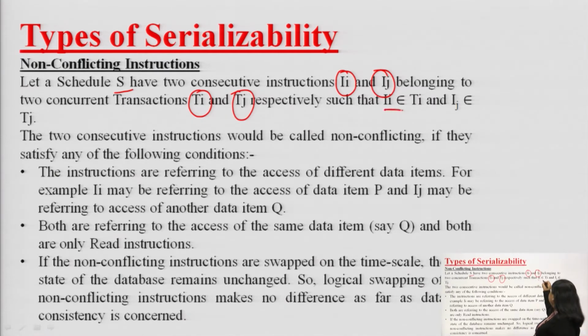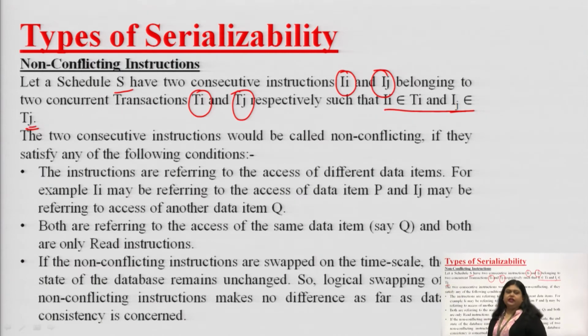So, these are two transactions, and they are part of schedule S, and both transactions have these instructions Ii and Ij. The two consecutive instructions will be called non-conflicting if they satisfy the following conditions.